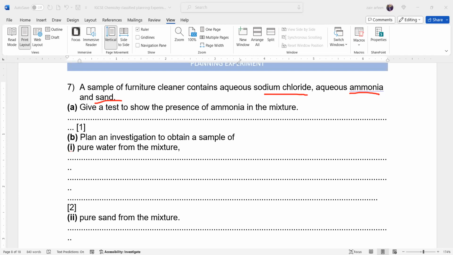We call that distillation rather than fractional distillation. So what we do, we take a round bottom flask and we add the mixture. And this round bottom flask is connected to a condenser.